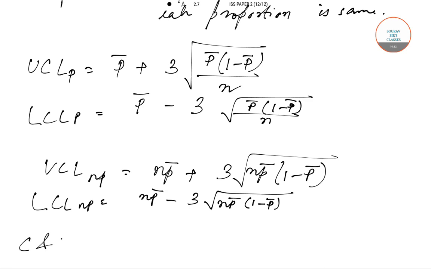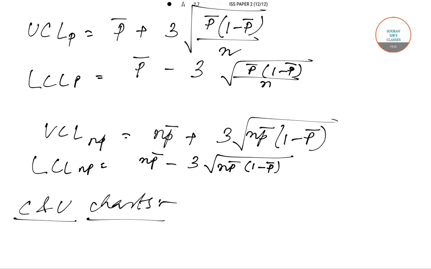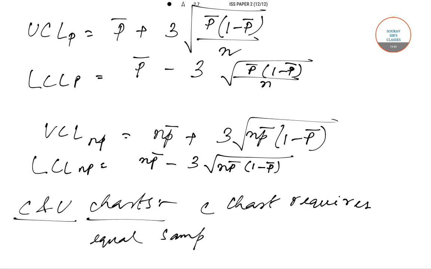Now, C and U chart. C and U charts are very similar to P and NP charts in that they require equal sample sizes for each data point.